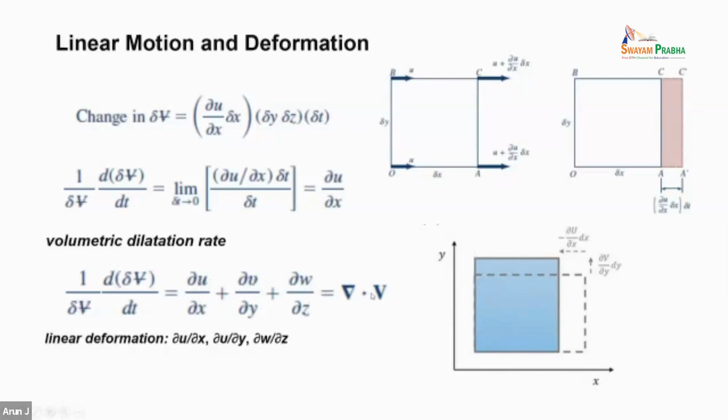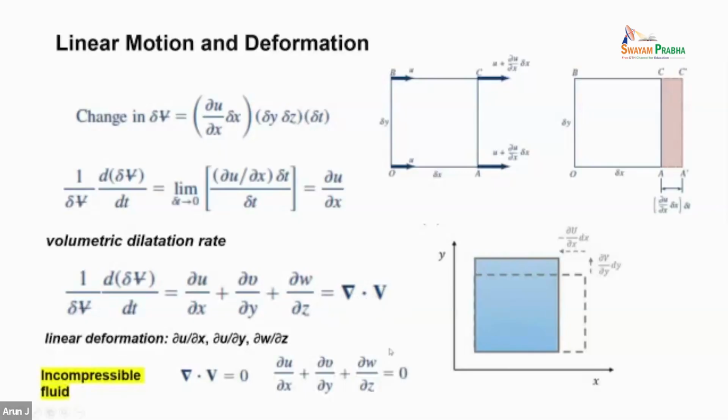We write this as del dot V. That is the volume change rate. So if you have incompressible flow, the volume cannot change, so del dot V, or du/dx plus dv/dy plus dw/dz, equals 0. Sometimes we say that for incompressible flow, del dot V equals 0. That is what it means.